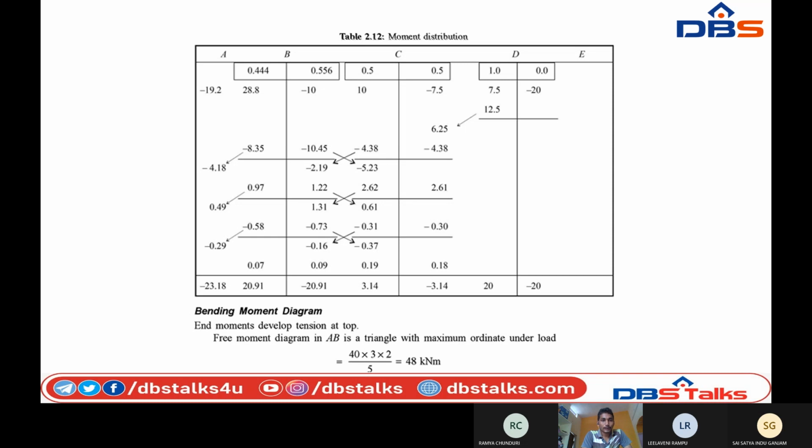Here, minus 10 into 0.556 equals minus 10.45, carry over by 2 equals minus 5.23. And 10 into 0.5 equals 4.38, carry over value is minus 2.19.